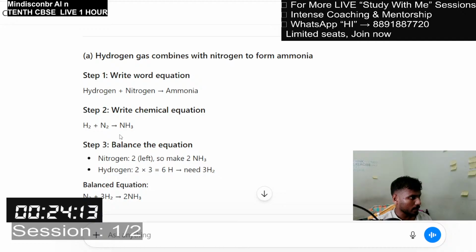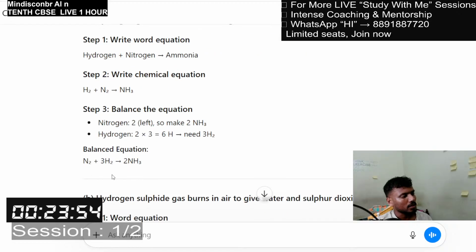So when we write 2NH3, then nitrogen gets balanced. Then how many hydrogens are there? 2NH3 means 6 atoms of hydrogen. So here we have to write 3. 3H2 means 6 hydrogen. So N2 plus 3H2 gives 2NH3 is the balanced equation.